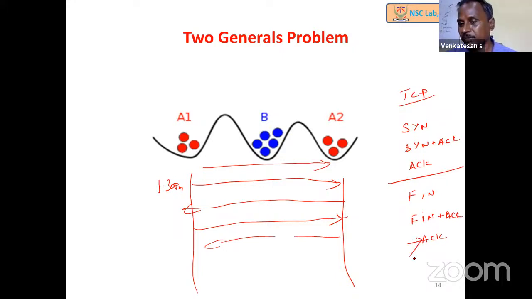Because if the acknowledgement packet is lost, we resend the message for some time, and after that, if there is no response, we automatically close the connection. But in this scenario, we don't have that option. So there is no solution for the two generals problem.